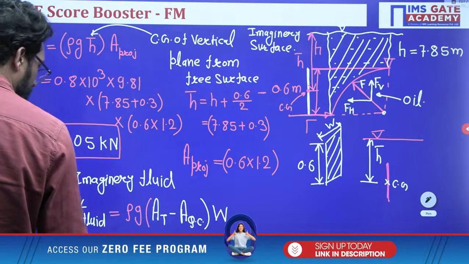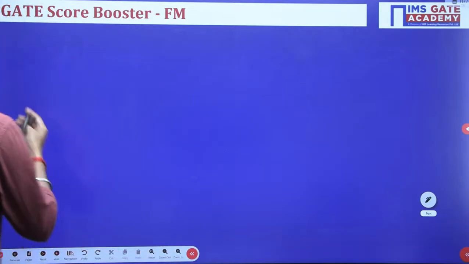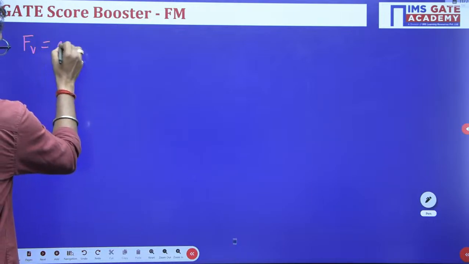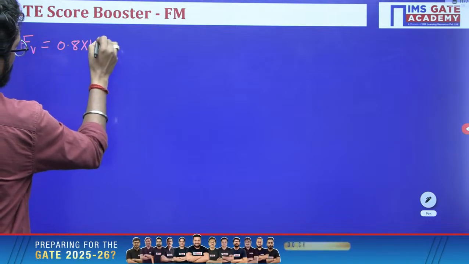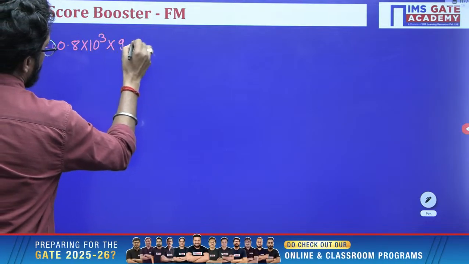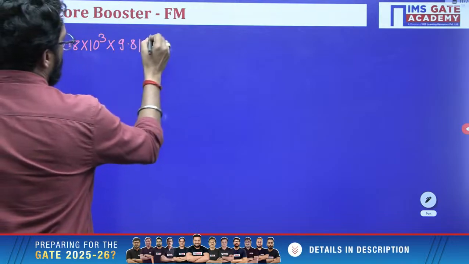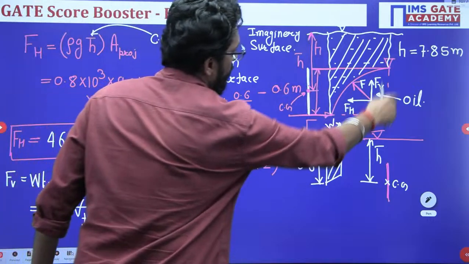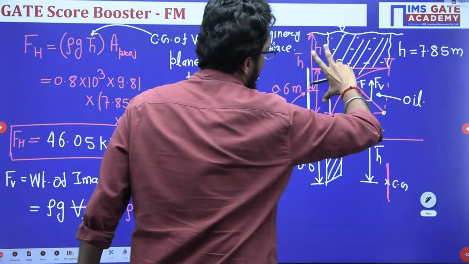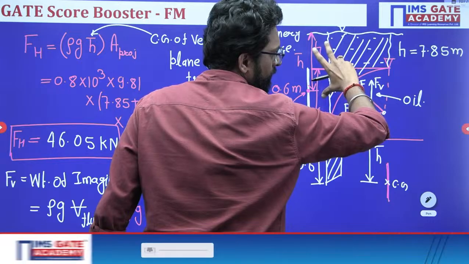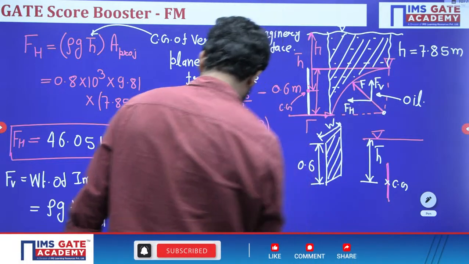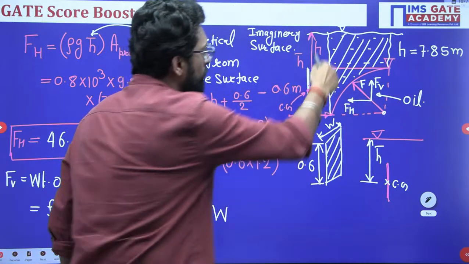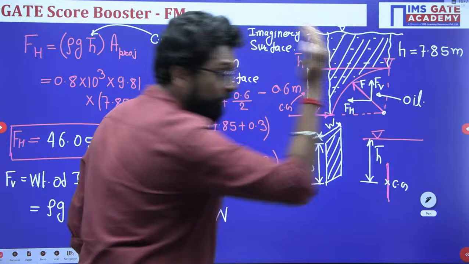So Fv, rho g is 0.8 into 10 to the power 3 into 9.81. Now, what is the total volume? First calculate the total area: this height plus this height into this height is the area, and area into width is the volume.